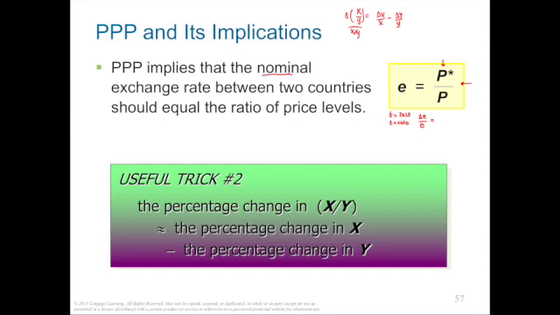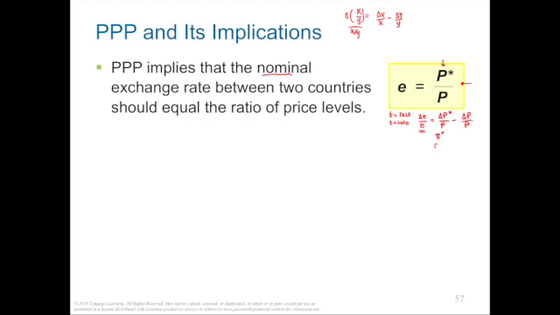So in this case, the left-hand side will be the relative change in the nominal exchange rate is equal to the rate of change in the numerator minus the rate of change in the denominator. But what is the numerator and what is this first term and second term? The first term is inflation in the foreign country. While this term here is the inflation in the domestic country.